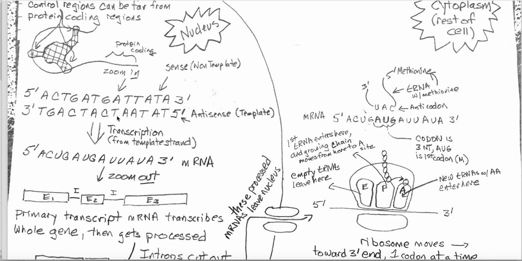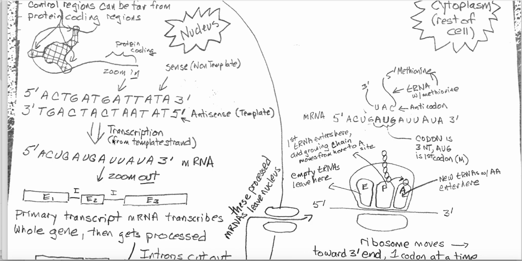Because these are 2 strands of DNA, one of these strands is going to be read by RNA polymerase in the process of transcription. We just talked about this in the last podcast. But which one? Do I read this one on the top, or do I read this one on the bottom? It turns out that it matters.